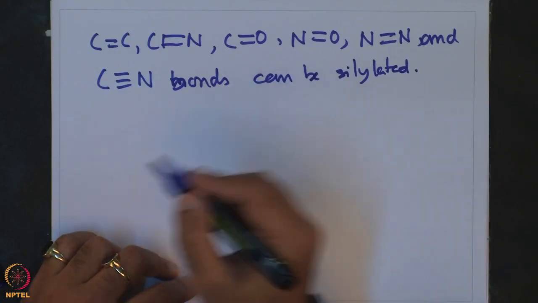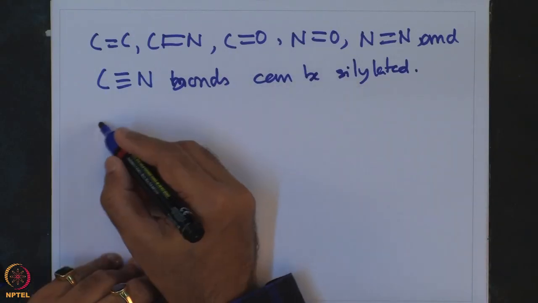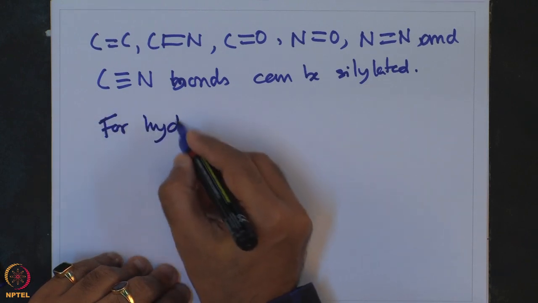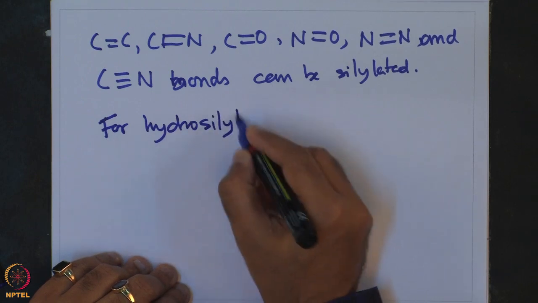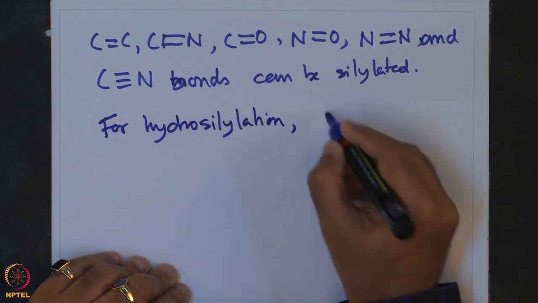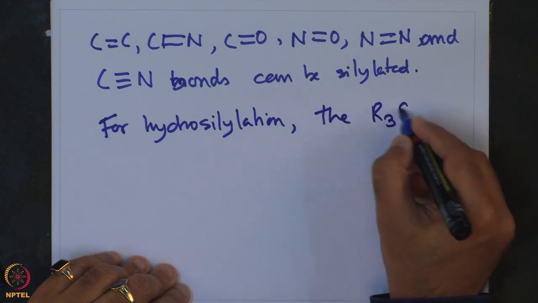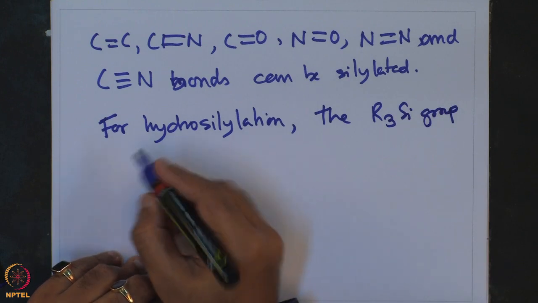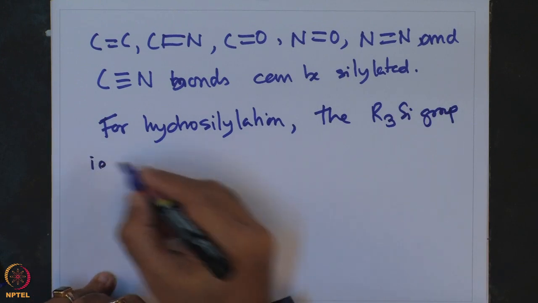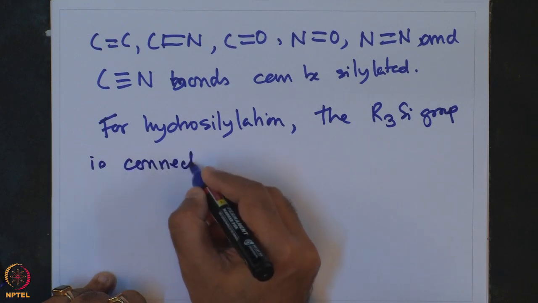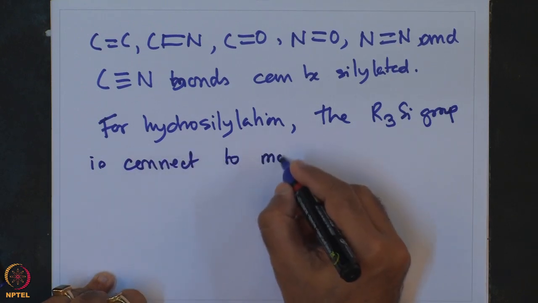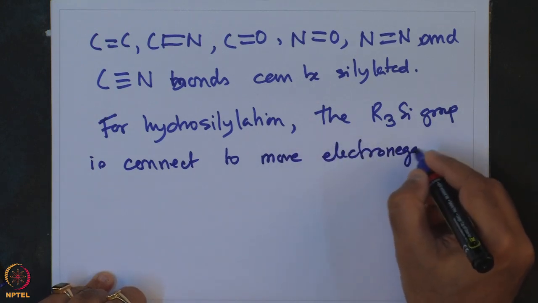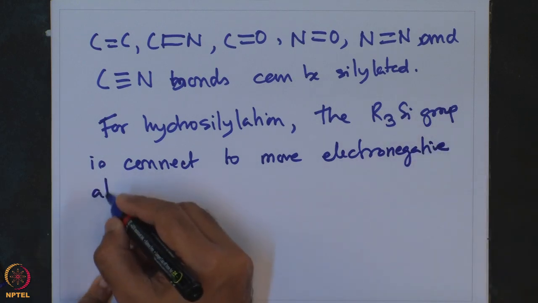For hydrosilylation, the R3Si group is connected to the more electronegative atom.